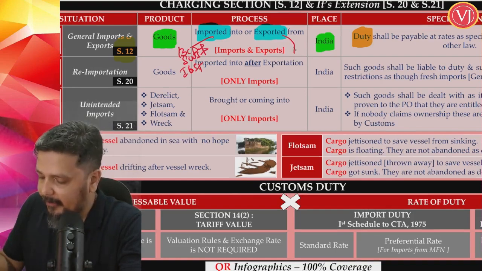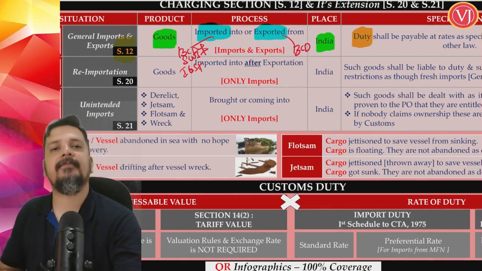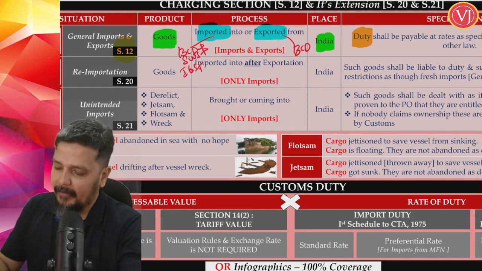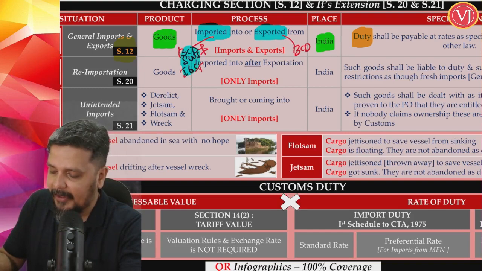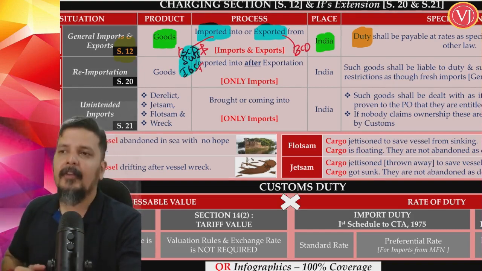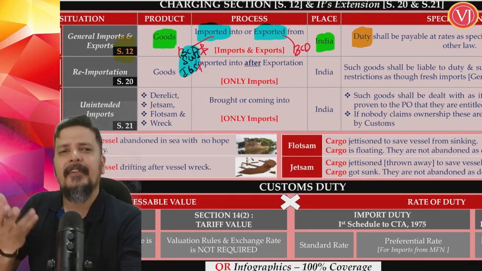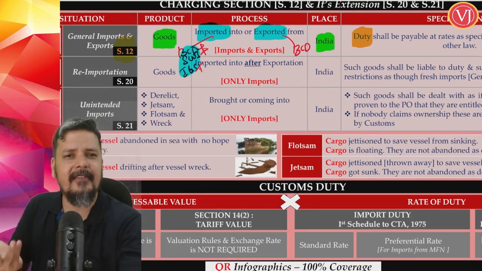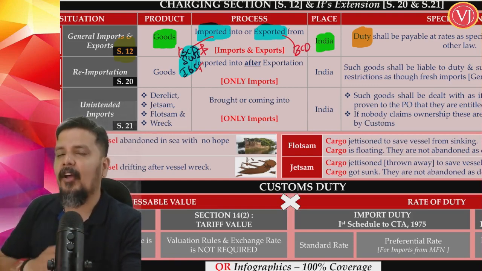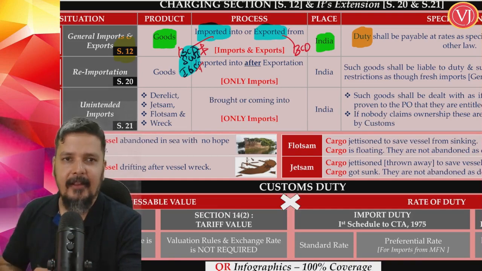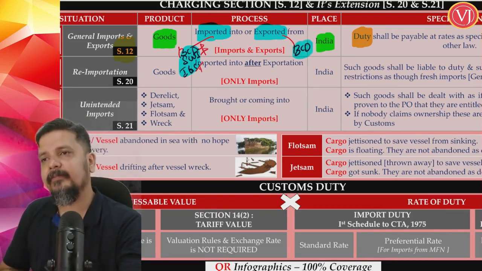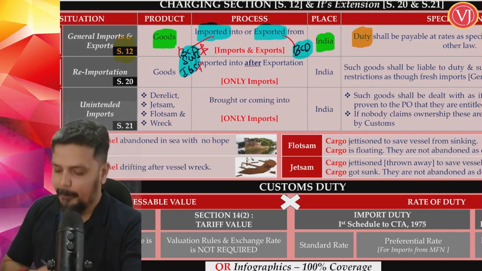But whenever it is there, it is only and only BCD. Import duty, whenever it is there, is BCD, SWS, IGST. Special import duties may also be there, but these are all normal import duties. Whenever I say IGST, if it has compensation cess, it will be IGST plus compensation cess. But for export, understand that normally export duty will never be there. If at all it is there, in the rarest of rare cases, it will be only BCD.